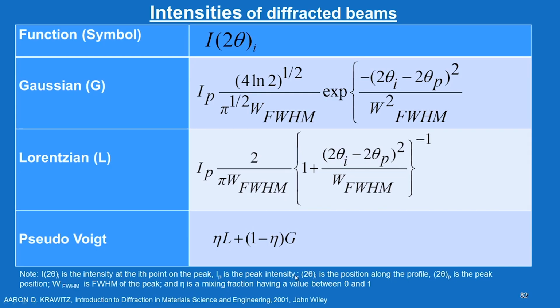IP is the peak intensity, 2 theta i is the position along the profile, 2 theta P is the peak position, W FWHM is the full width at half maximum of the peak, and eta is the mixing fraction having a value between 0 and 1. So, if you have this kind of expression, then we have some advantage of using this mathematical model to separate some of the effects, namely instrumentation, crystal size effect, or the strain in the lattice and so on.